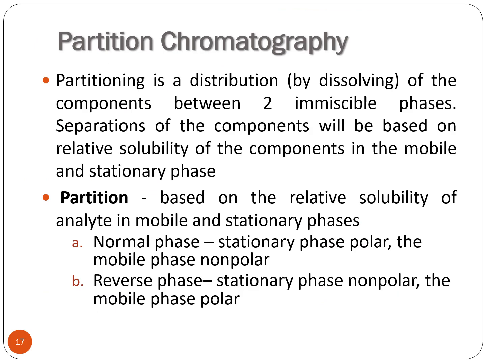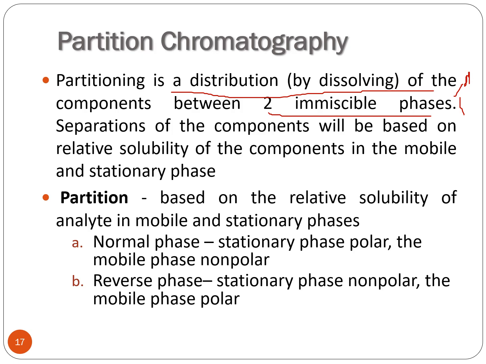Partition chromatography. Okay, partition chromatography is a distribution of the components between two immiscible phases. Okay, why two immiscible phases? Okay, the mobile phase and the stationary phase ni biasanya akan different polarity. Satu akan polar, satu akan non-polar.